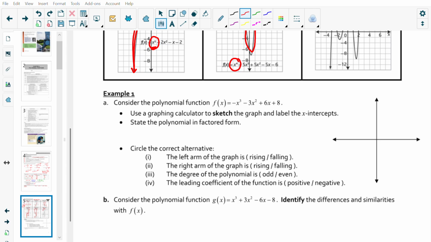So you can do the same on your graphing calculator. I just like to use Desmos. It shows you a better looking graph. So there we have y equals negative x cubed minus 3x squared plus 6x plus 8. Let's put that keyboard away.